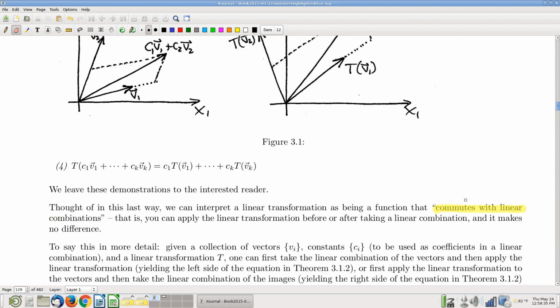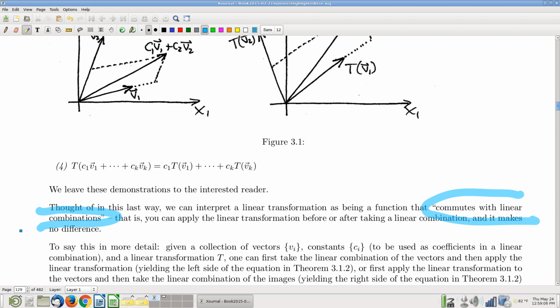By the way, a more common terminology, I like to say plays nice with linear combinations. Far more common terminology is it commutes with linear combinations. Y'all know what commutes means, right? Like AB equals BA. Commutes means you can do it either way and it doesn't make any difference. Here, we're not so much commuting things, we're commuting processes. Here, it's combination first, then linear transformation.